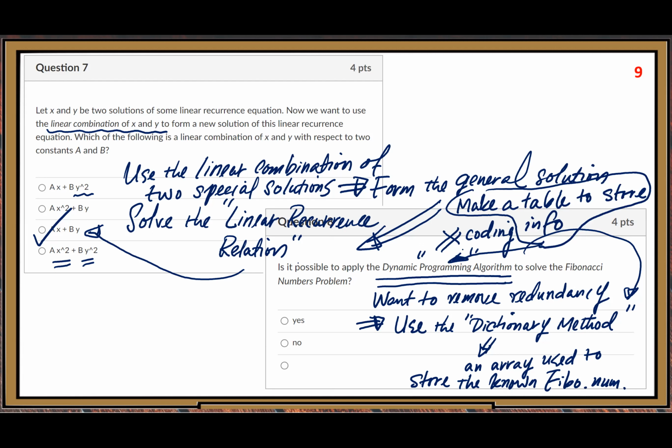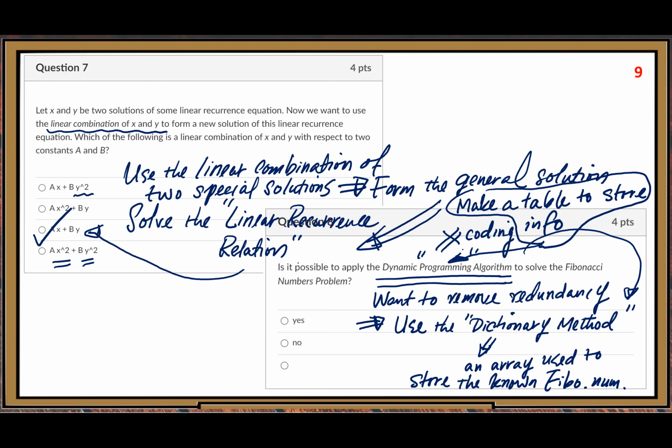Recently, people do not use this meaning for programming, but in a very old time, people used this meaning: make a table to store information. And here we need to use that meaning of programming, because we need to make a table.